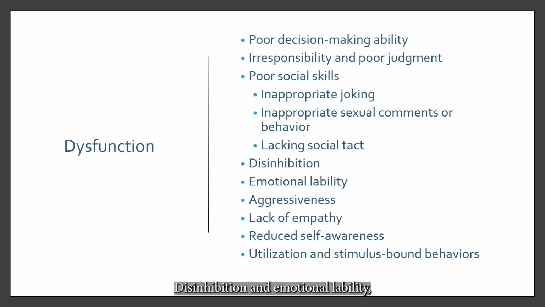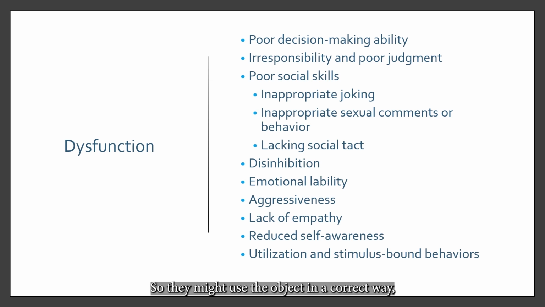Disinhibition and emotional lability, which are very core features of orbital frontal dysfunction. Aggressiveness, a lack of empathy, reduced self-awareness, and then utilization and stimulus-bound behaviors. So a utilization behavior refers to an inability to suppress the urge to use an object.